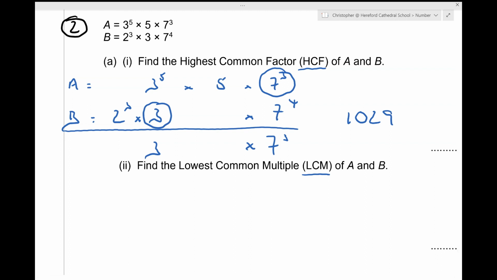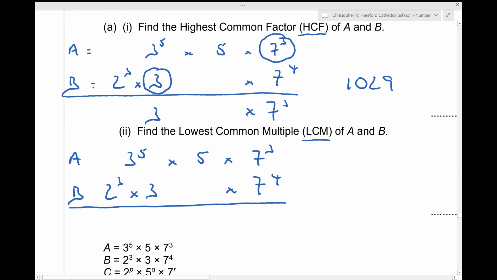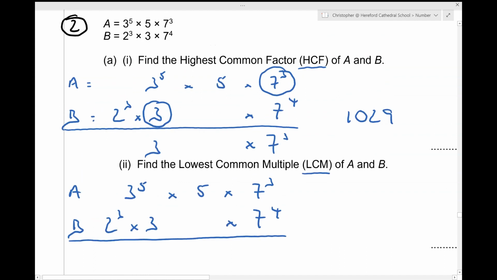Now, what about the lowest common multiple? Well, for the lowest common multiple, I've got my a, which is 3 to the power 5 times 7 cubed. And I've got my b, which is 2 cubed times my 3 times 7 to the 4. And this time, because I'm finding the lowest common multiple, I'm going to find the highest power of each of my factors. 2 cubed times 3 to the 5, times 5 to the 1, times 7 to the 4.